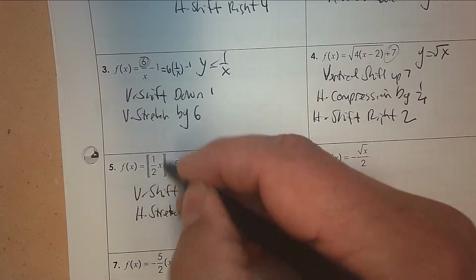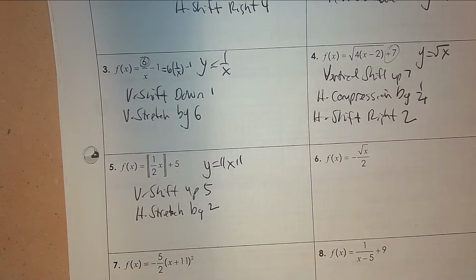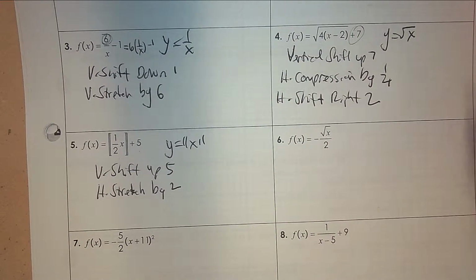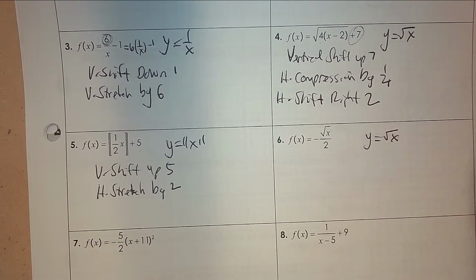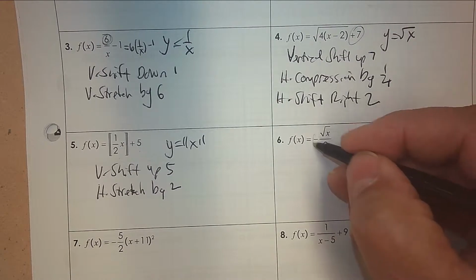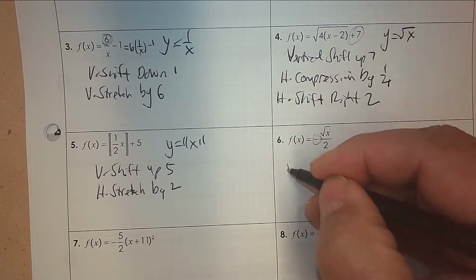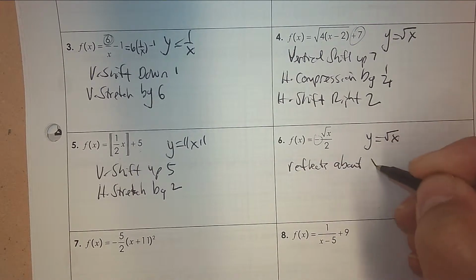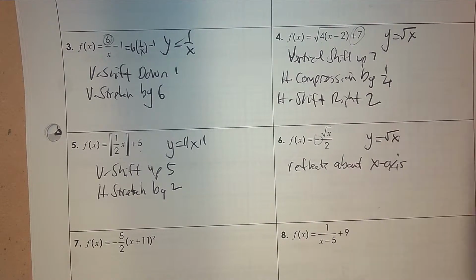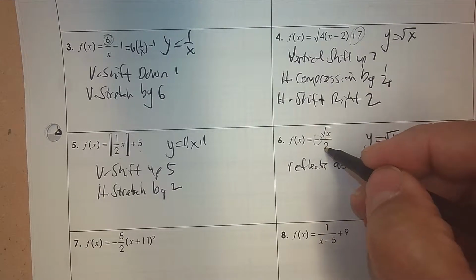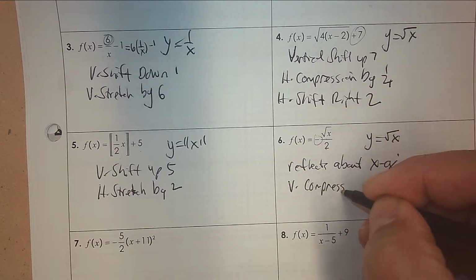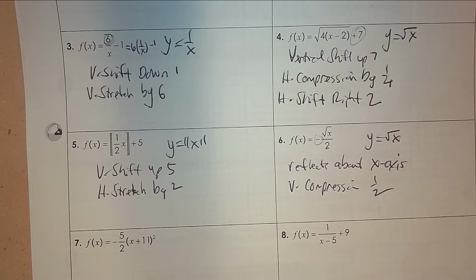So it's not 1/2, it's 2. 6, that's a square root function. What's happening to it? Well, that negative on the outside, this just takes practice. It means it reflects about the x-axis. What does the dividing by 2 do? Well, that means it's a vertical compression. And the actual number is 1/2.